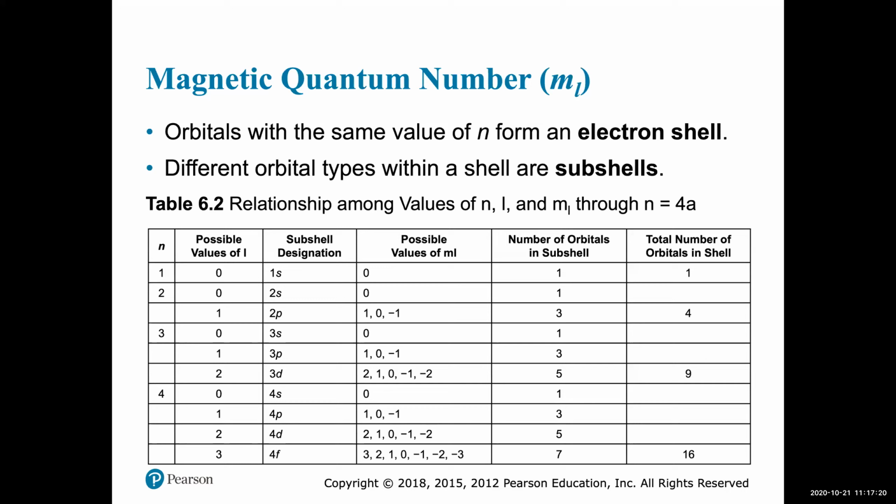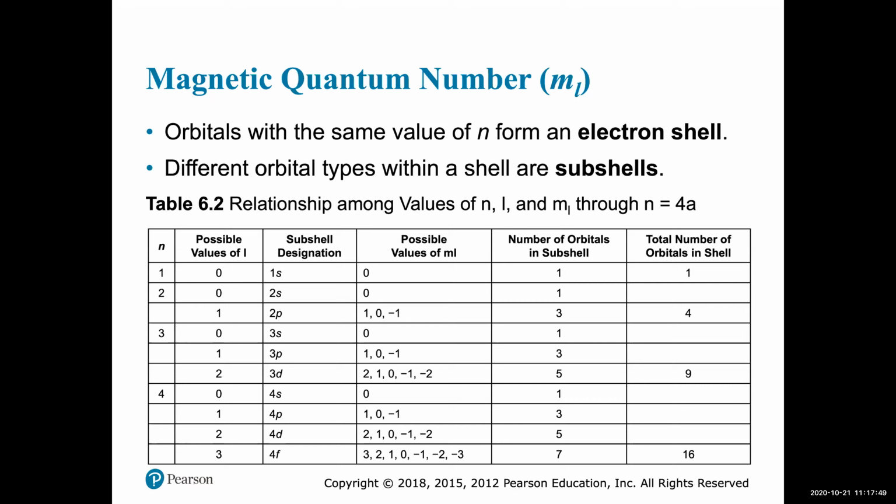If we go up to n equals 2 for the principal quantum number, then we have the 2s, just as we did with the 1s. So L is 0. We have the subshell designation of 2s. ML is 0. 1 number of orbitals in the subshell.